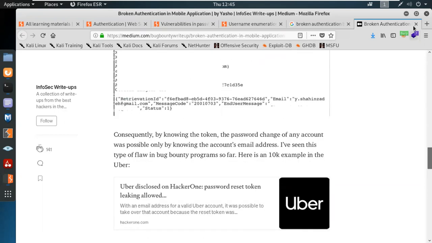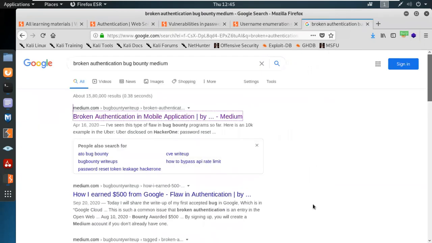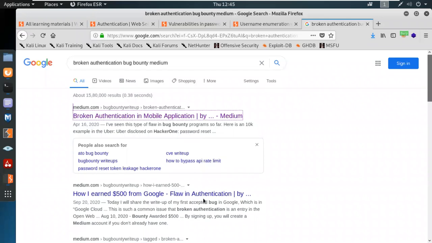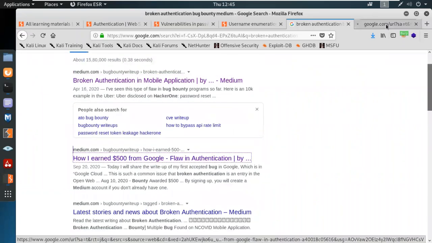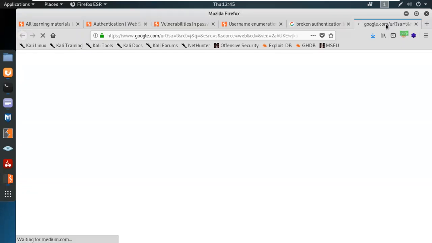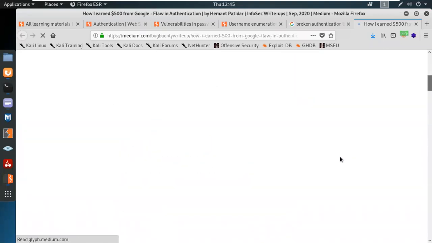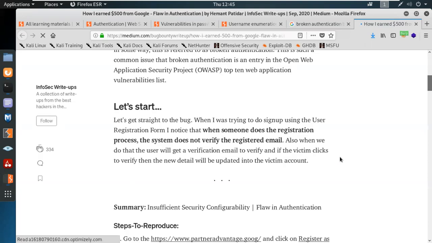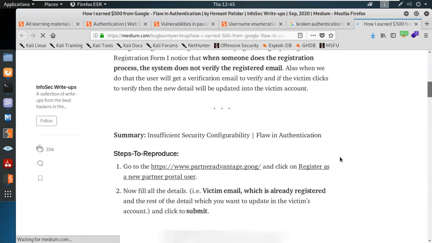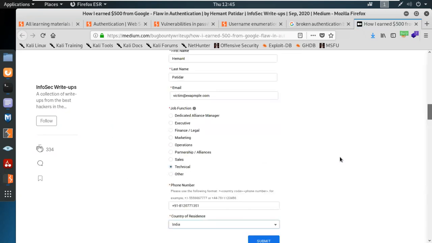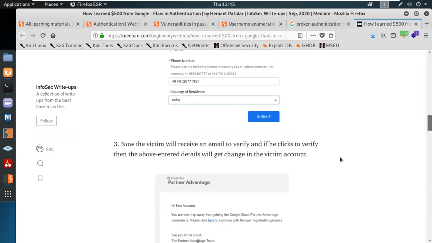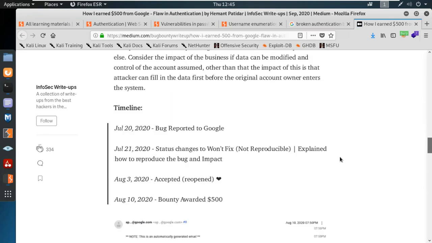Okay, so this was a different thing, broken authentication. Let's see how I earned $500 from a flaw in authentication. See this one. You have to redirect the client request.